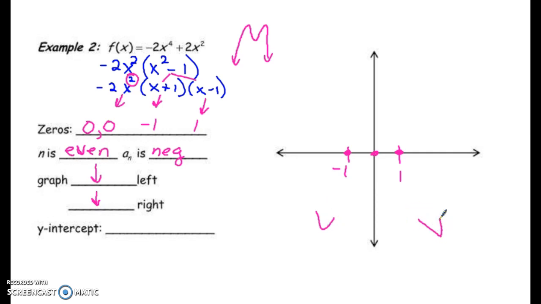Now, what you have to be careful is, because this is a double root, there's 2 zeros, we have 4 altogether, 1, 2, 3, 4, but 0 is a double root. We bounce off the x-axis at a double root. And there's your graph. So anytime you have a double root, you bounce off. It doesn't go through, it bounces off. All right, that's example 2.